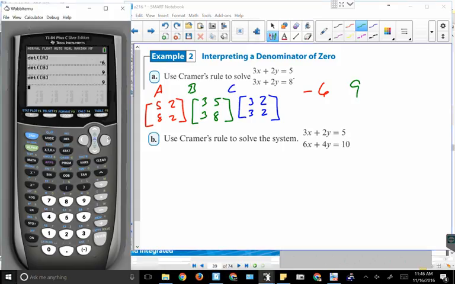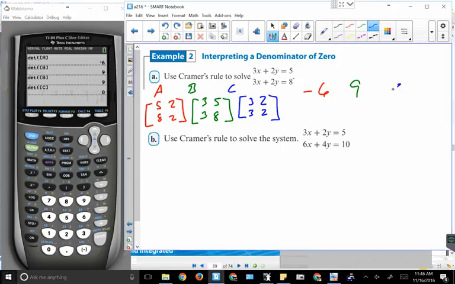Second matrix, math, determinant, second matrix, oops, I said second matrix, please, thank you. 3, enter. And now I end up with a 0.